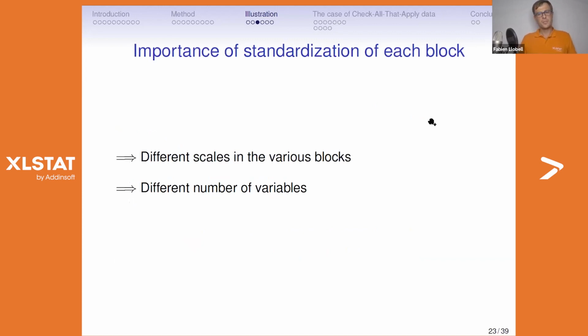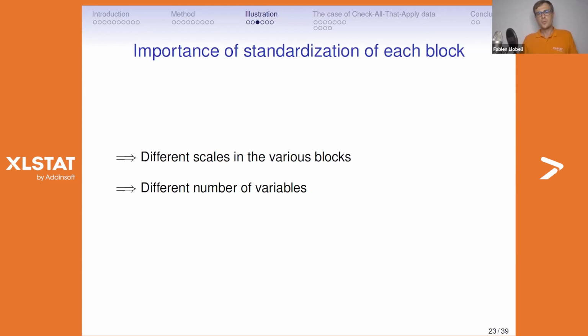So we have different scales in the various blocks. So the importance of the standardization of each block is very high. And moreover, if you just standardize the different variables of each block, since we have different numbers of variables in the blocks, the blocks which have a high number of variables would contribute more to the algorithm than the other blocks.